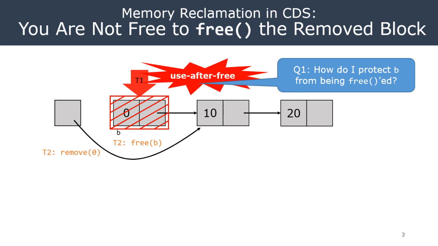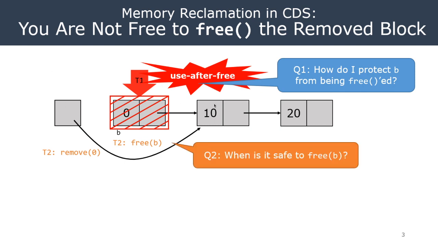And the other aspect of this algorithm is T2's perspective. Here Q2 says, when is it safe to free B? Okay, so far so good. Let's say that if some thread says, I'm going to access the block B, then it should not be the case that T2 is freeing the memory block.